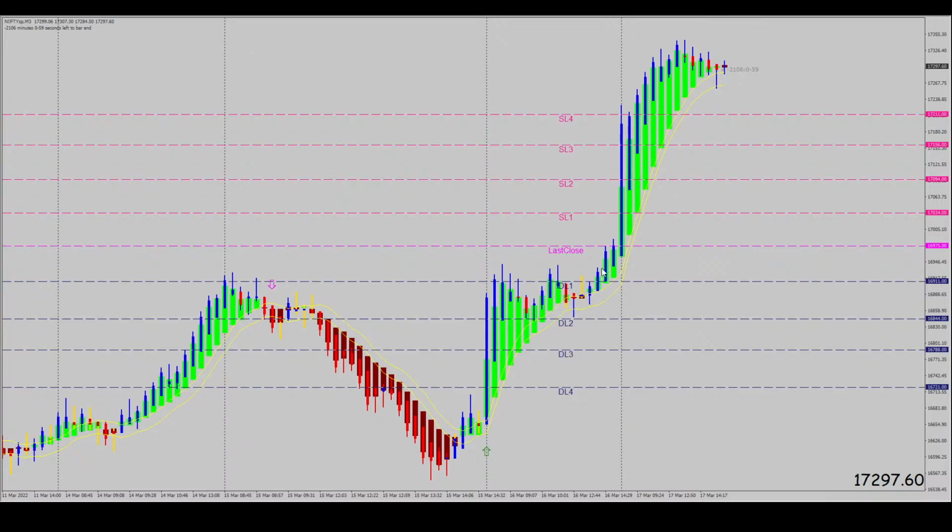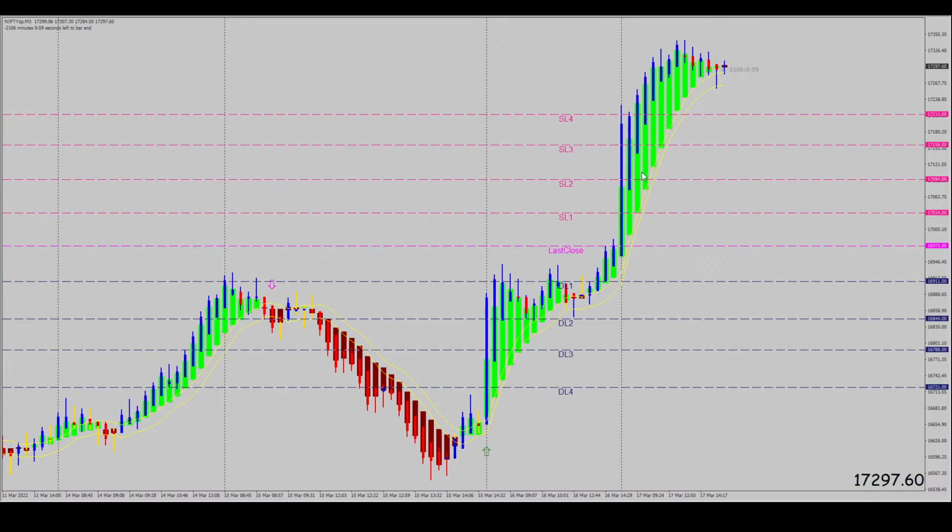The levels I plotted on this are Nifty levels for the 17th of March. On this specific day, Nifty opened predominantly into the supply 4 level. It gapped up quite a big number, started looking at S4 here, and the market continued to trend higher.